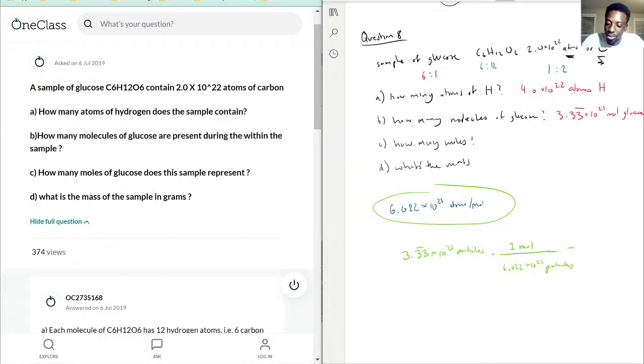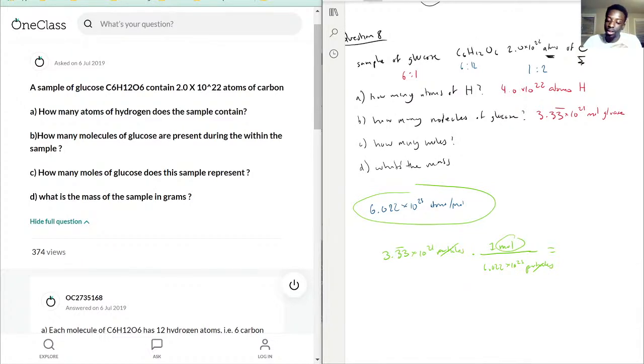So when you put it like that, you see that your units cancel out, leaving you with the moles. So that's perfect. And the number we get here, because I did the calculation beforehand, was 5.5 times 10 to the negative 3 moles. And that is how many moles we have of glucose.